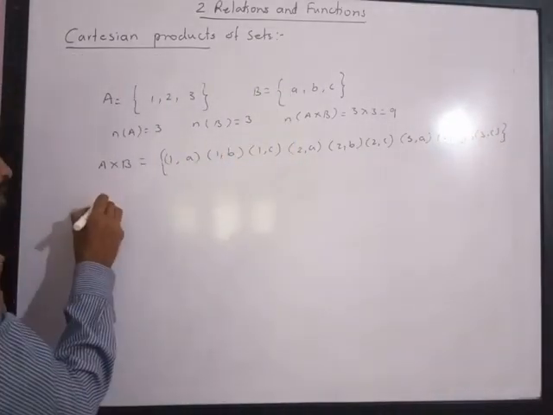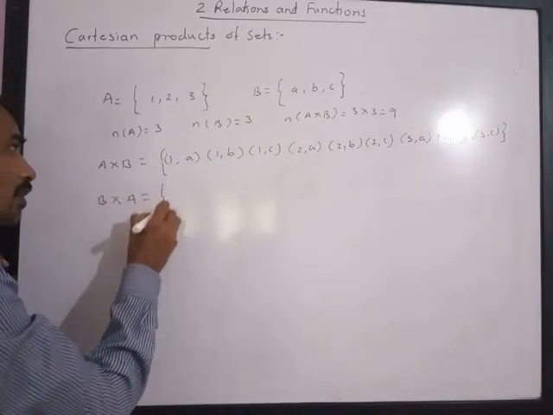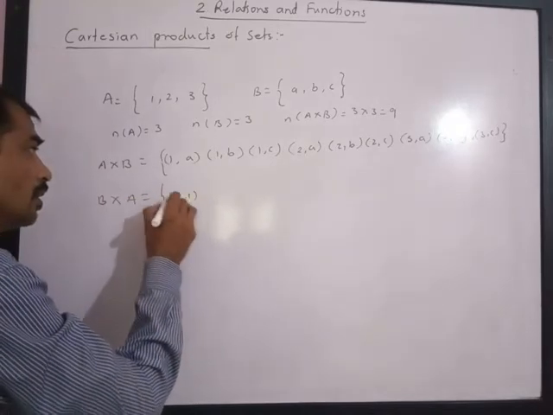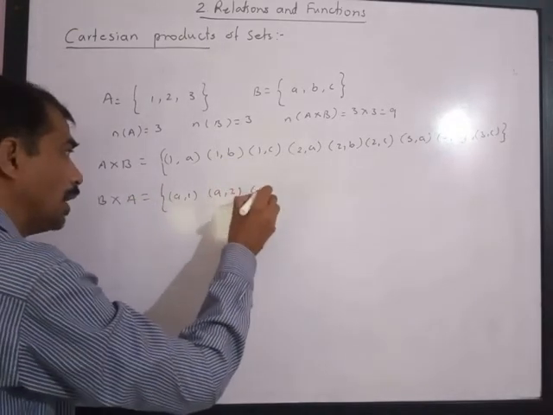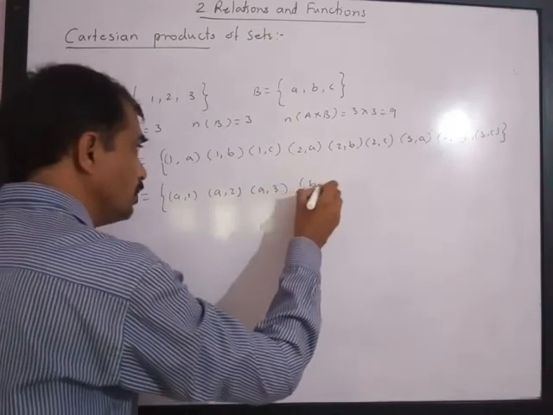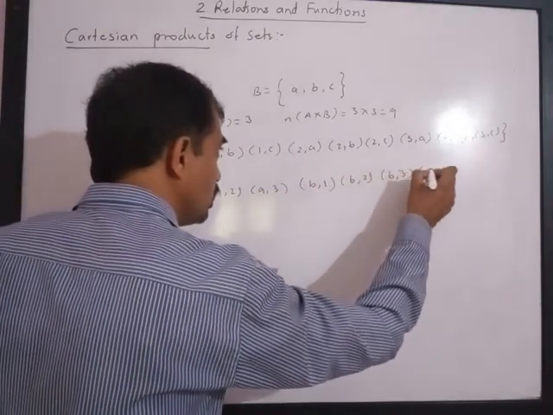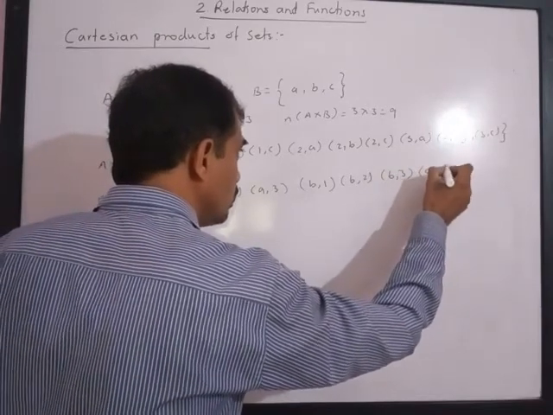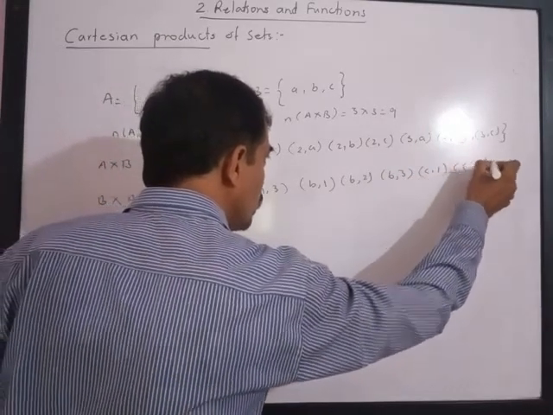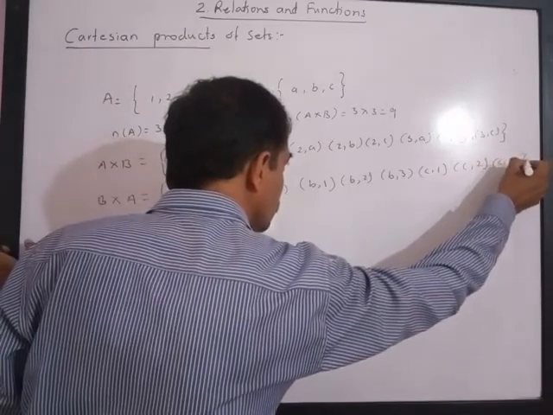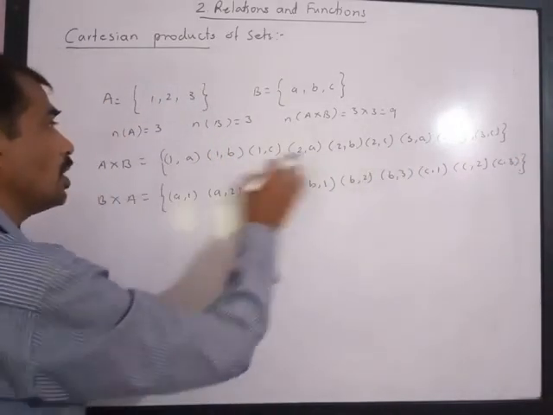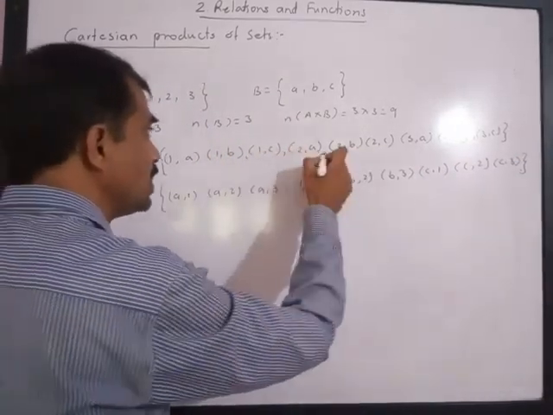And the Cartesian product of B cross A is equal to a set of a1, a2, a3, b1, b2, b3, c1, c2, c3. Please note, both the sets are having 9 elements in it.